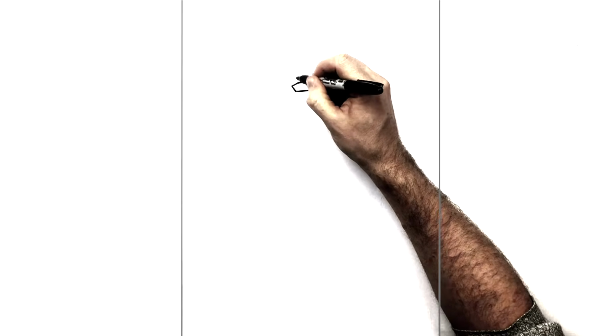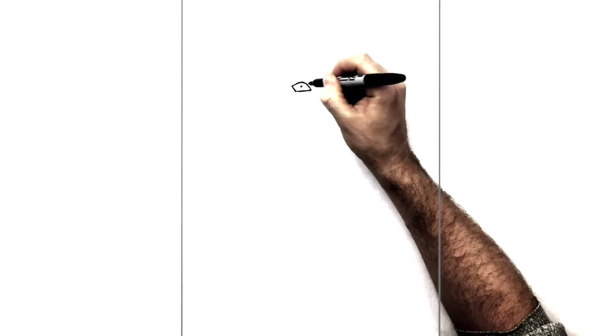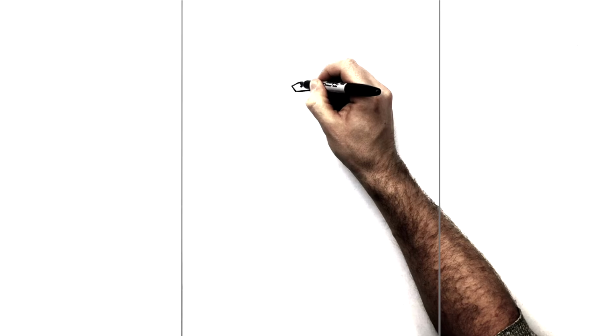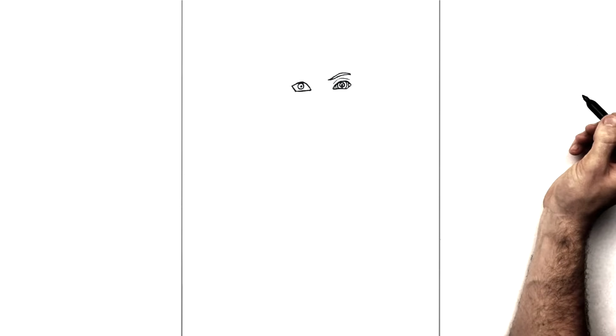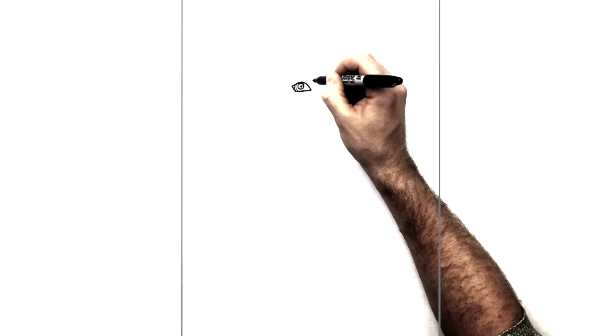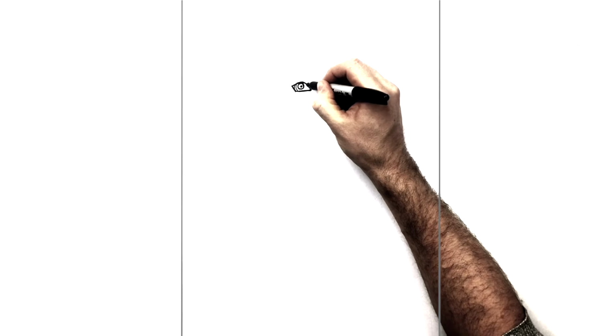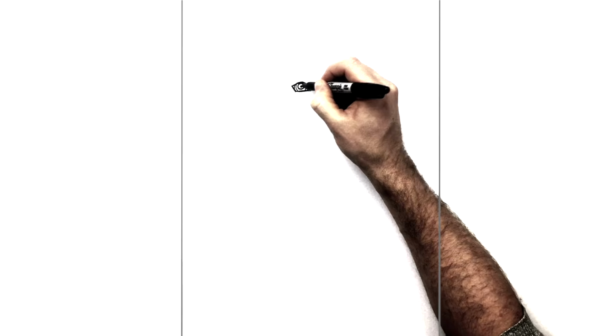Then in there we have his Rinnegan. So pupil first, then a circle around that pupil, like so. And then lines around that. So 1, 2, 1, 2, and maybe one more in there.